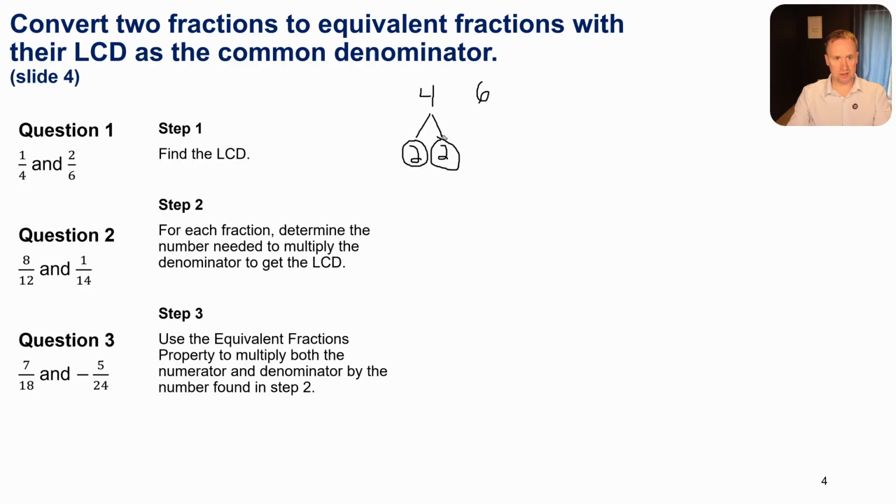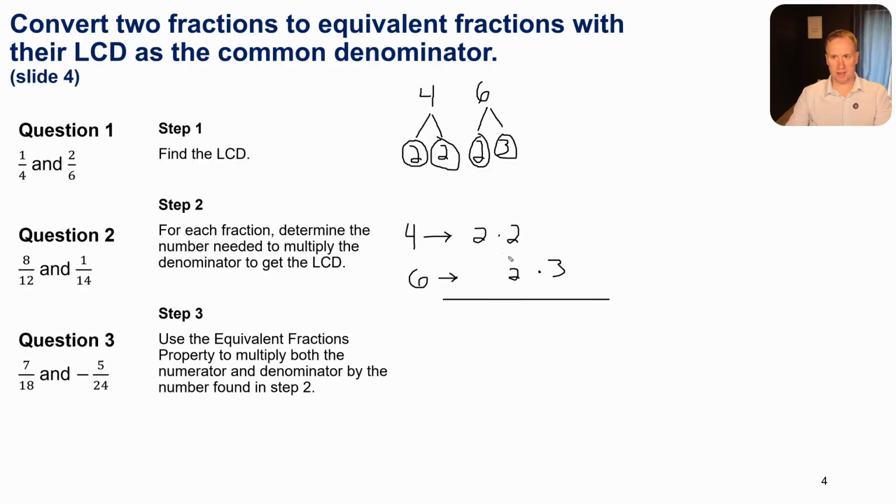And 6 factors down to 2 and 3. So if I was to then put these into a column listing, we would have 4 and 6. 4 is 2 times 2, and 6 is going to be 2 times 3.